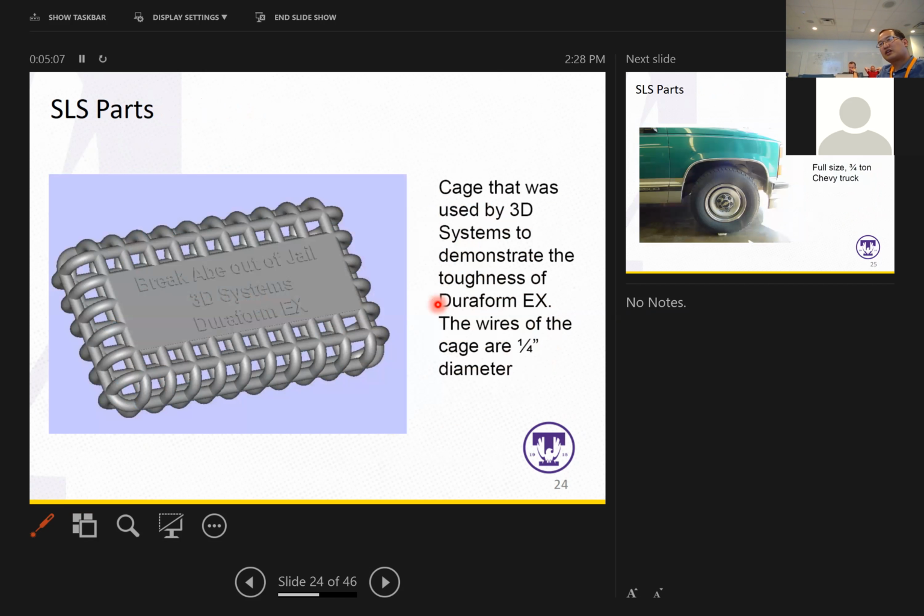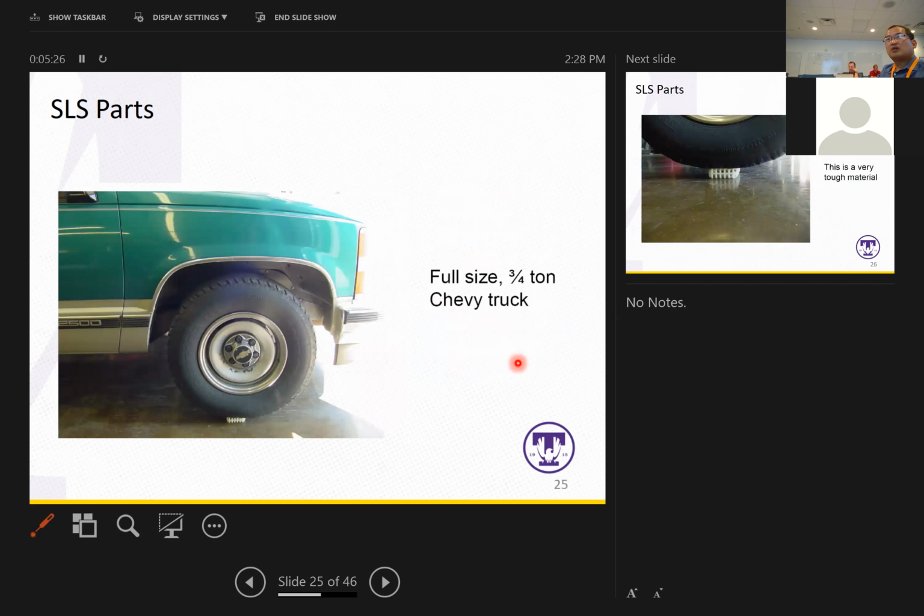So here is another example. Basically, it's a cage that was used by 3D Systems to demonstrate the toughness of their parts printed using SLS. You can see the wires of the cage are 1/4 inch in diameter. They put a full-size 3/4 ton Chevy truck onto this printed structure, right?